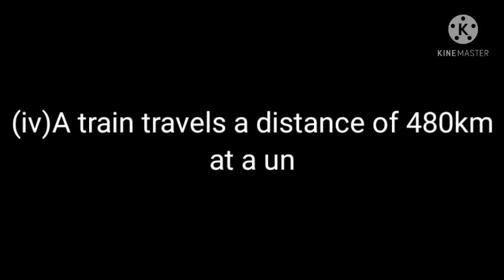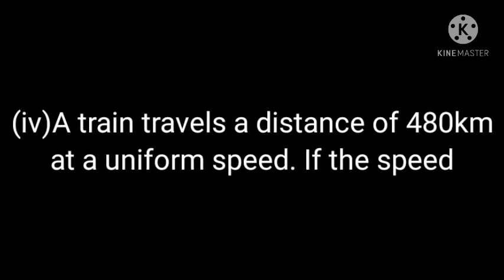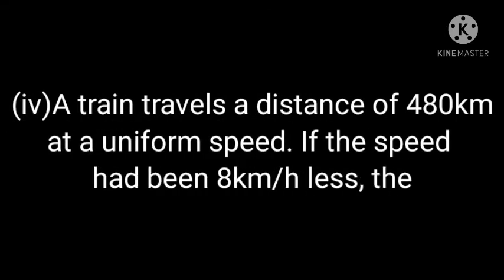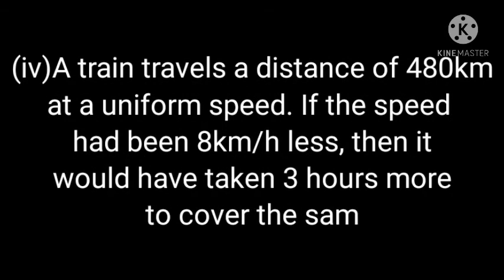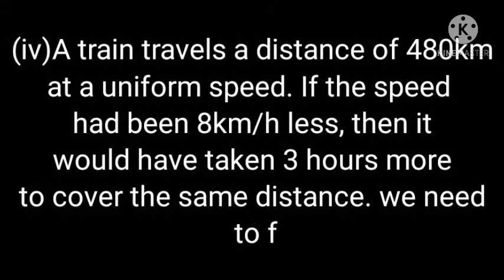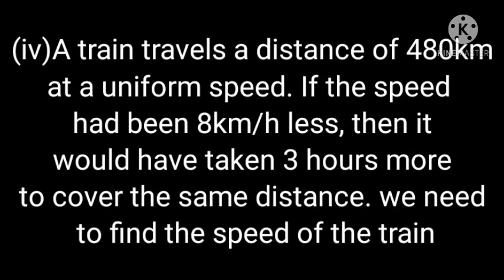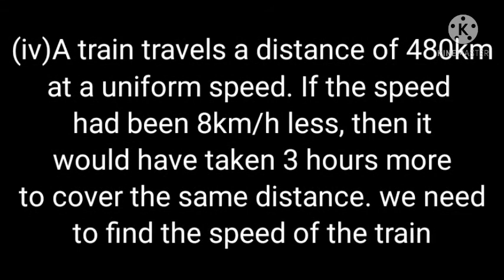Next one. A train travels a distance of 480 km at a uniform speed. If the speed had been 8 km per hour less, then it would have taken 3 hours more to cover the same distance. We need to find the speed of the train.